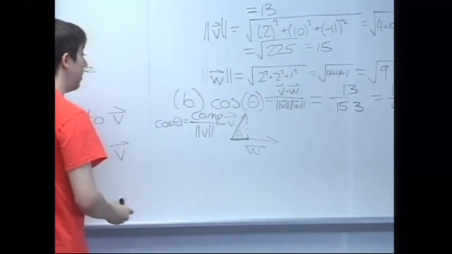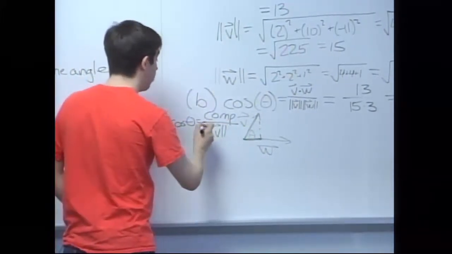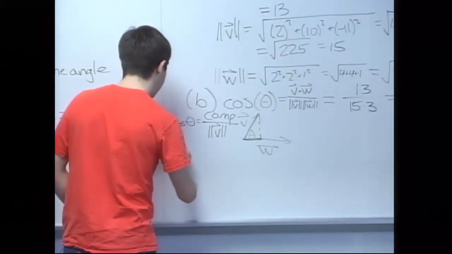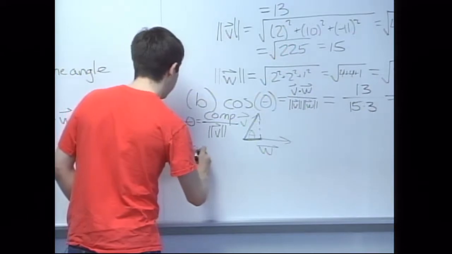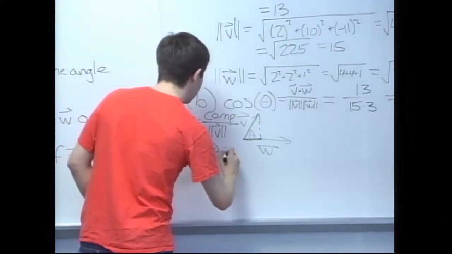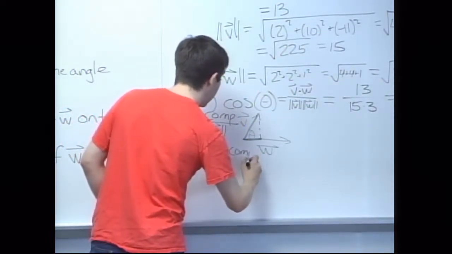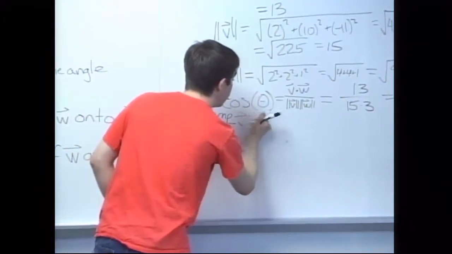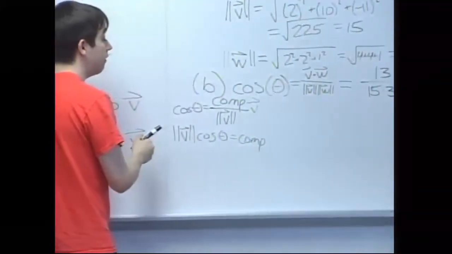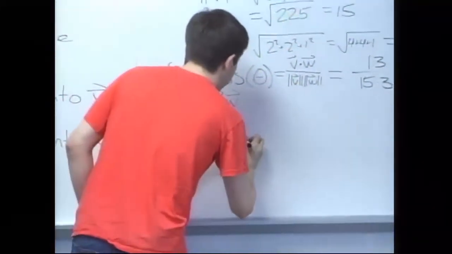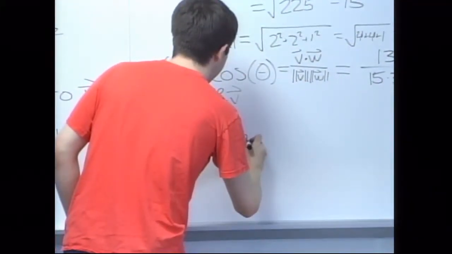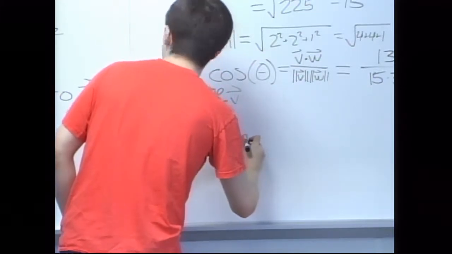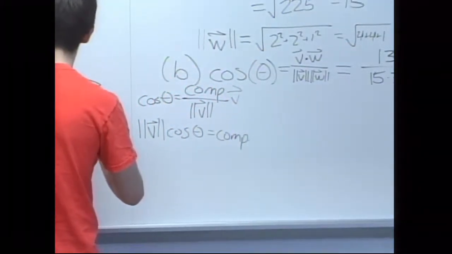So then if you go ahead and multiply by the magnitude of v on both sides, you get that the magnitude of v times the cosine of the angle is equal to the component of, and I'm just going to go ahead and erase this drawing, the component of, wait a second, let me see, of w onto v.